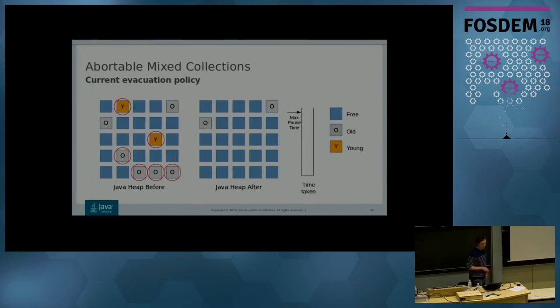And currently, during garbage collection, G1 just takes all those regions and copies the contents over either into new young regions or old regions, and maybe it can happen that the pause time is exceeded, bad luck.